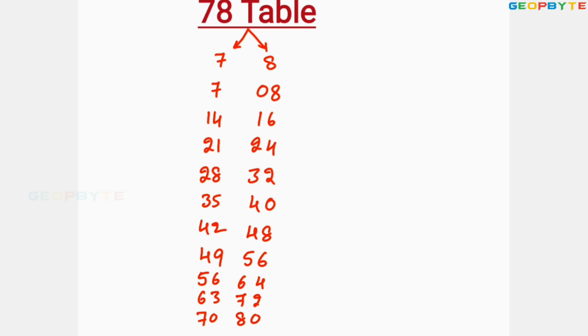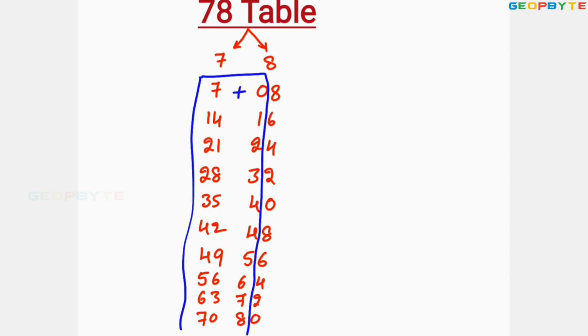Then you prepare a box. That box is like this. This is your box. Then place the plus symbol for adding the inner values.